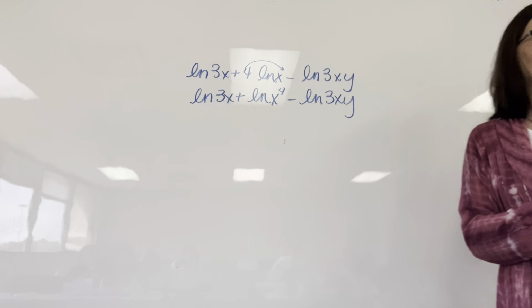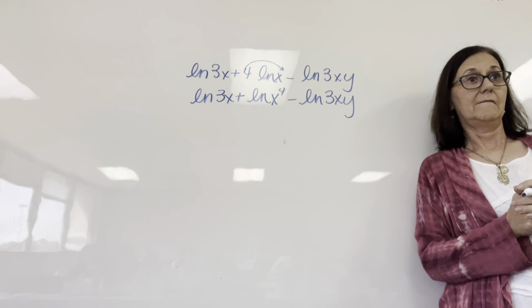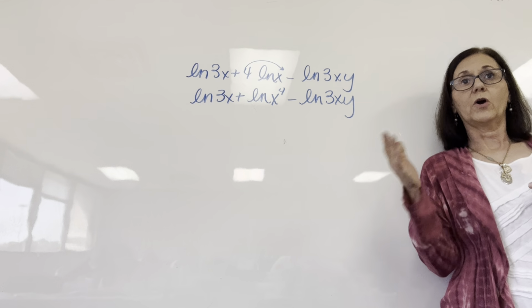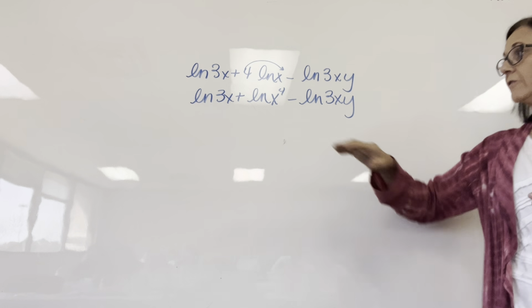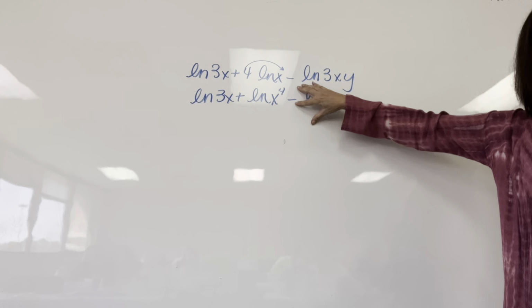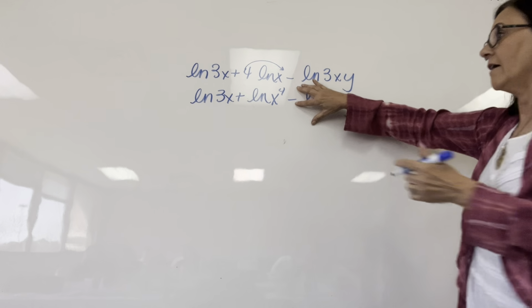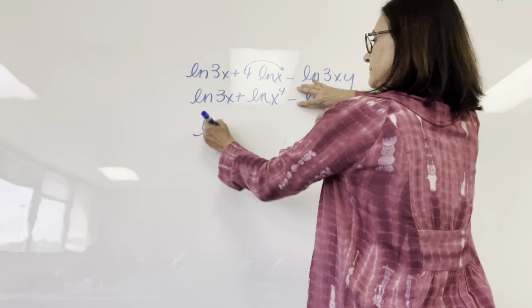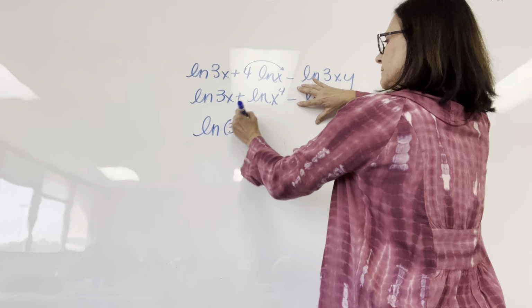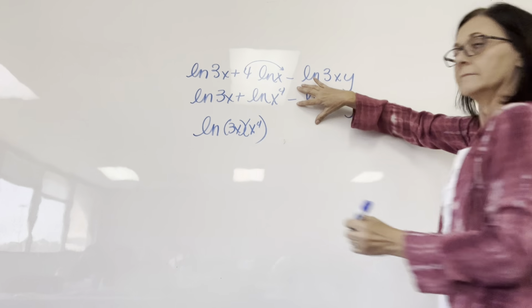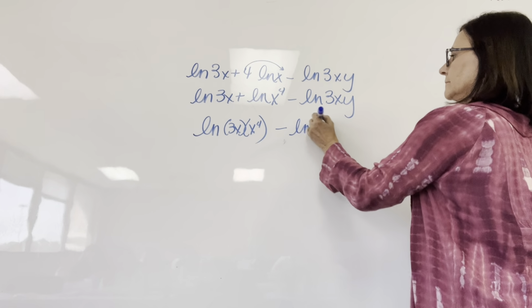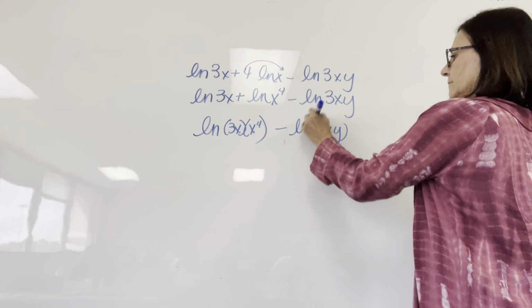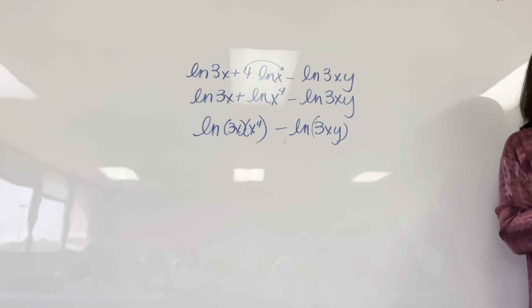So we're going backwards, right? And you work left to right. Okay, so first I'm going to do addition. Addition of ln's is multiplication of the arguments. Right?